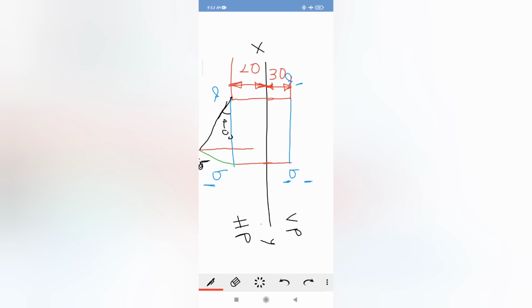If you project the same to the front view, you can see the reduced length A dash B dash.